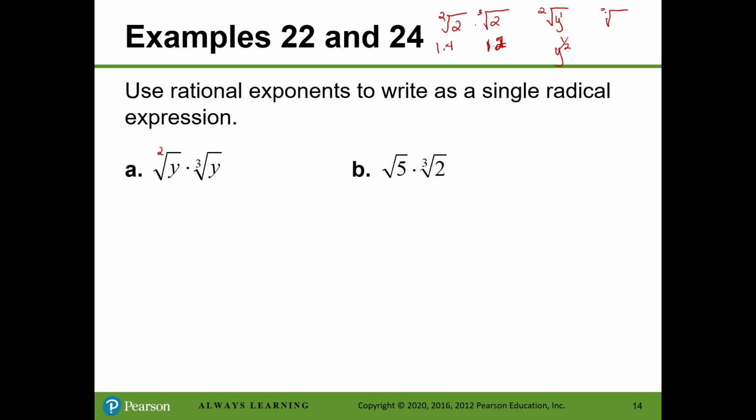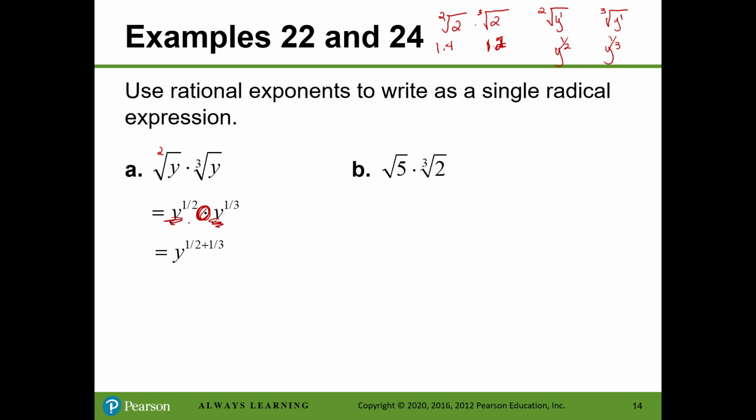And the cubed root of y, and the y as the power of 1, can be written as y to the power of 1 over root of 3. And now I've got a problem, like I did a couple of slides ago. Since the bases are exactly the same, what do I get to do to the exponents since I am multiplying these two? Good, you get to add them.